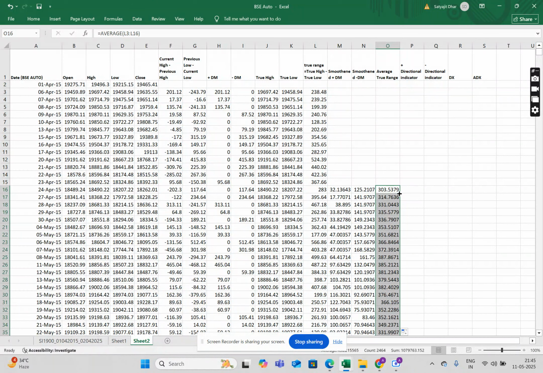Now we have the positive directional indicator and the negative directional indicator. So first let's find it. The positive directional indicator is basically the smoothened positive DM divided by the average TR.